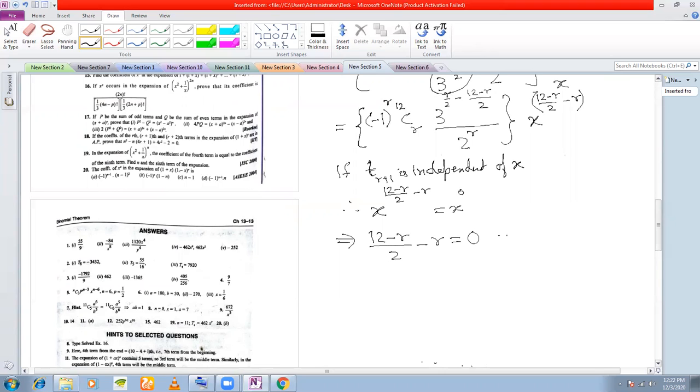Now you simply solve this equation. That means you get 12 minus r minus 2r by 2 is equal to 0. That means 12 minus 3r must be equal to 0. That means 3r is equal to 12. That means r is equal to 12 by 3, that means 4. So the value of r is 4.